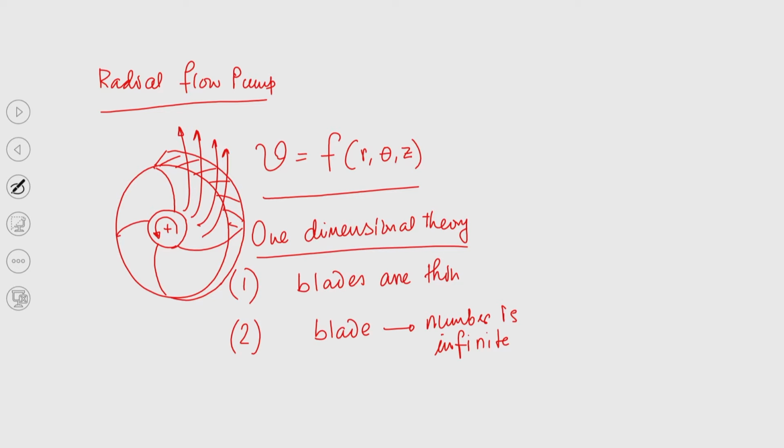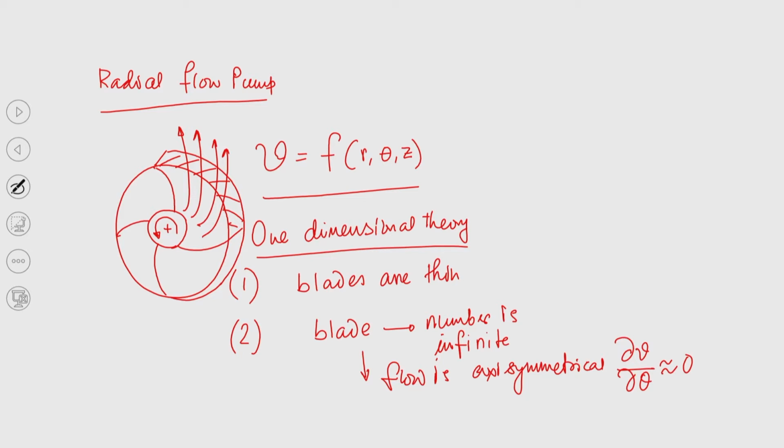That means it in a way indicates flow is axisymmetrical, right. That means it is del v del theta almost equal to 0, right.